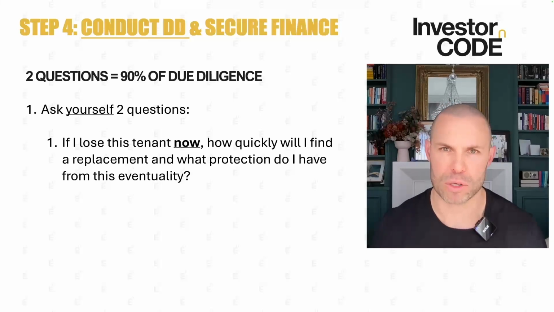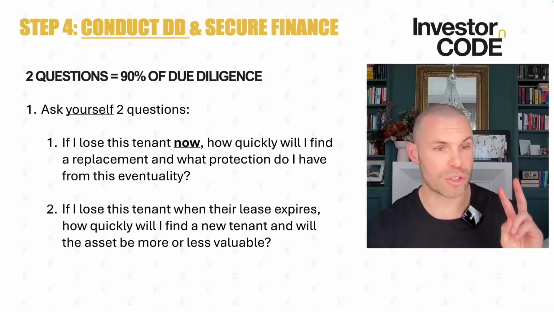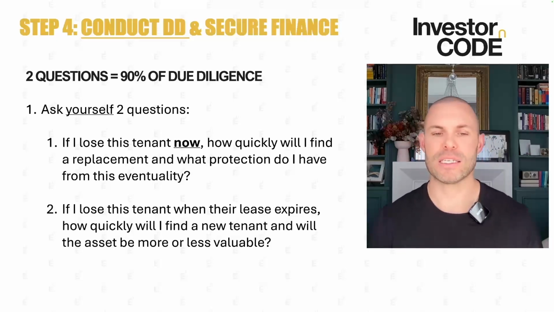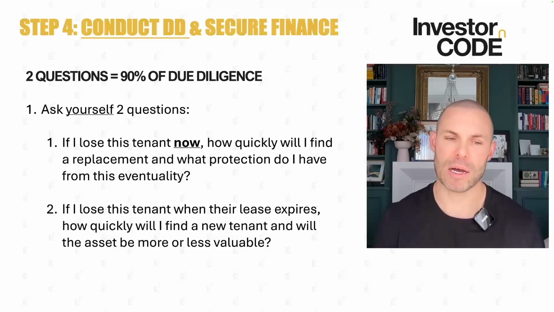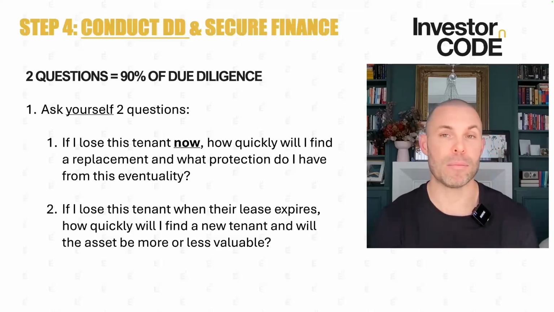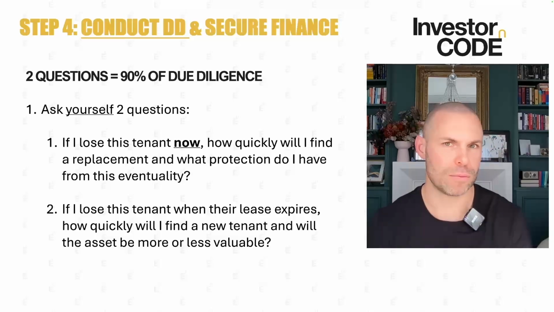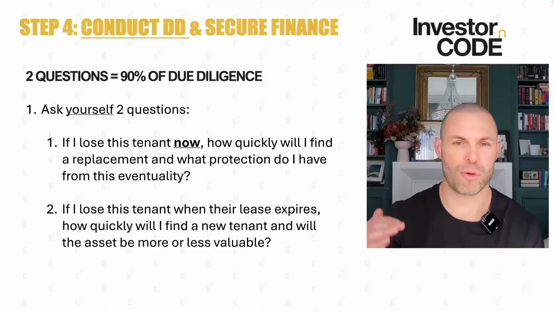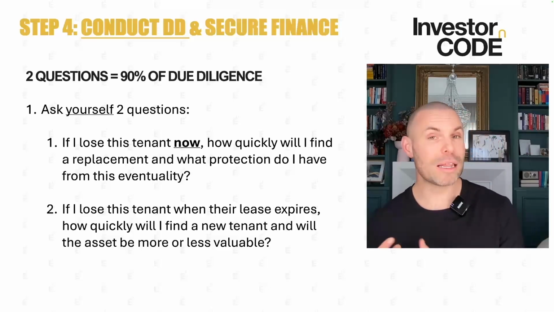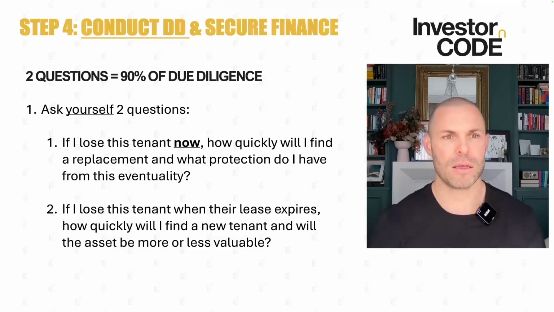Really important question. Now, question 2, if I lose this tenant when their lease expires, how quickly will I find a new tenant, and will the asset be more or less valuable? Now, if you can answer those 2 questions in a complete way, you will have covered off 90% of your due diligence.